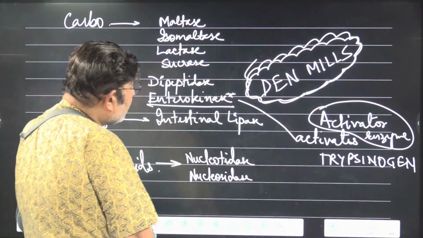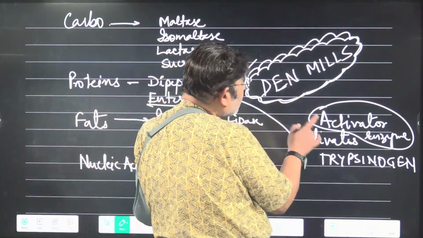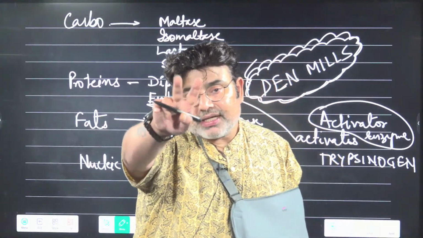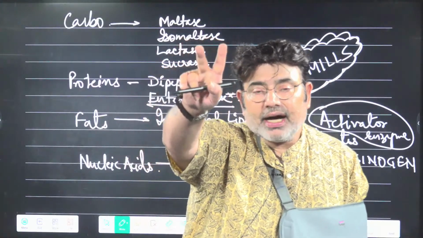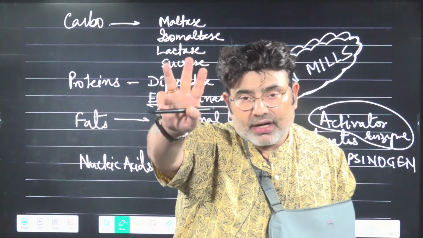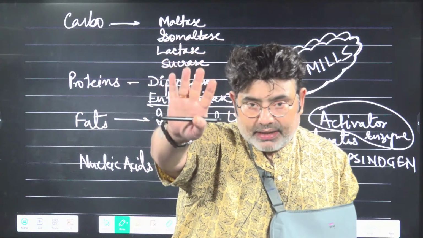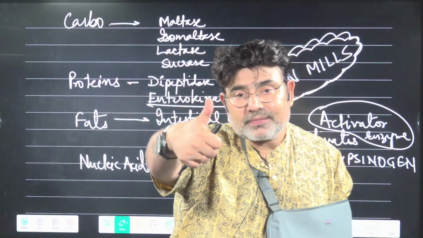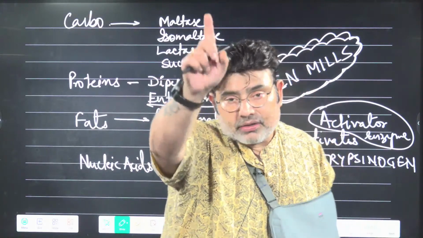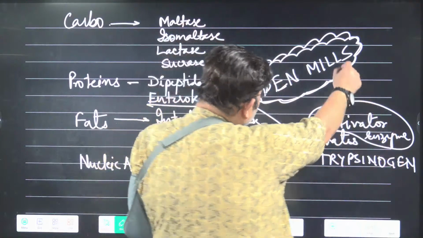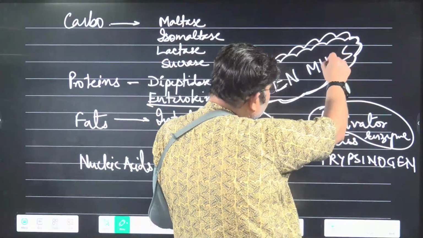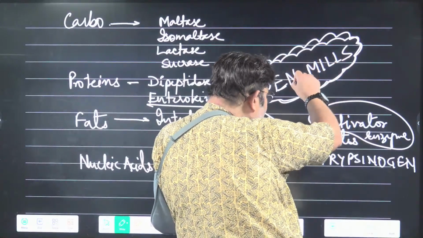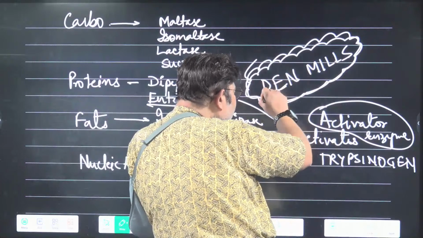So D stands for dipeptidase, E for enterokinase, N for two: nucleotidase and nucleosidase, M for maltase, I for isomaltase, L for lactase, again L for lipase, and S for sucrase. Can we go from the back? Sucrase, lipase, lactase, isomaltase, maltase, nucleosidase, nucleotidase, enterokinase, dipeptidase.